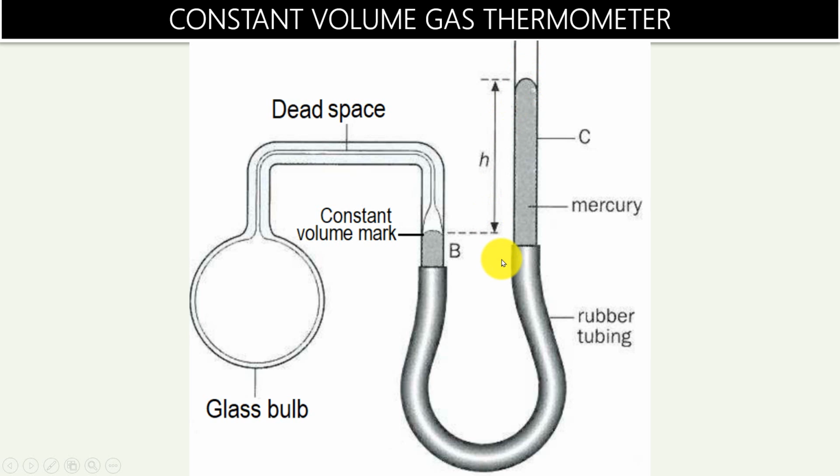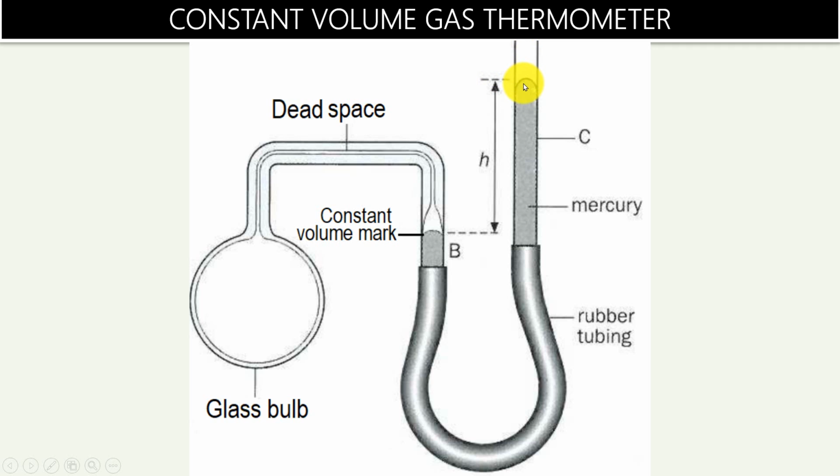So, you know very well that at this point you can measure the pressure of this gas here. The pressure of this gas is simply, you know very well that here atmospheric pressure is acting. And now if there is this height difference here, it means that the gas exerts its pressure at this point, while the atmospheric pressure is exerted from this point.